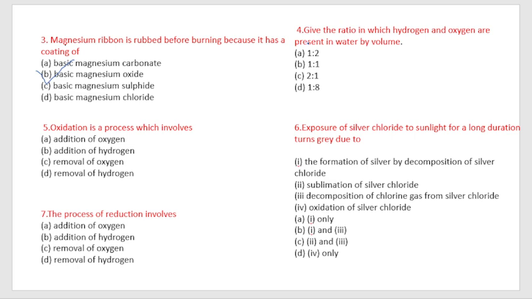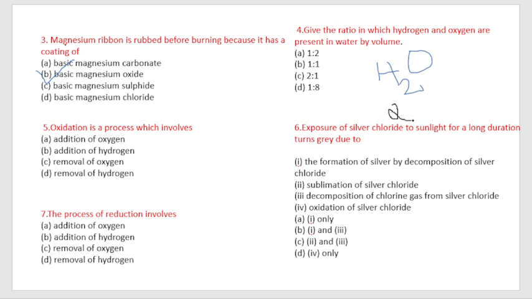Next question. Give the ratio in which hydrogen and oxygen are present in water by volume. This is a very simple question. H2O is the formula of water. Here the ratio of hydrogen to oxygen is asked.